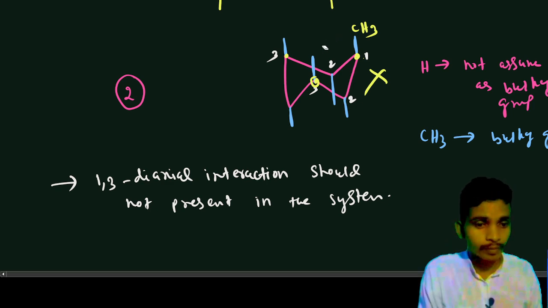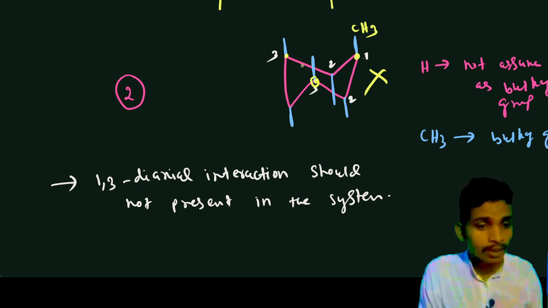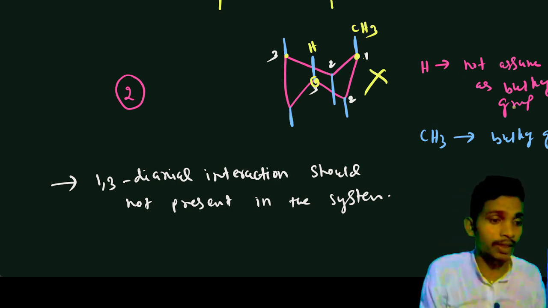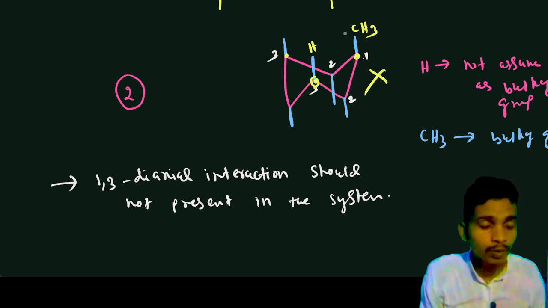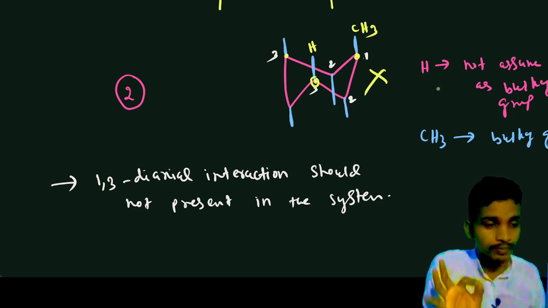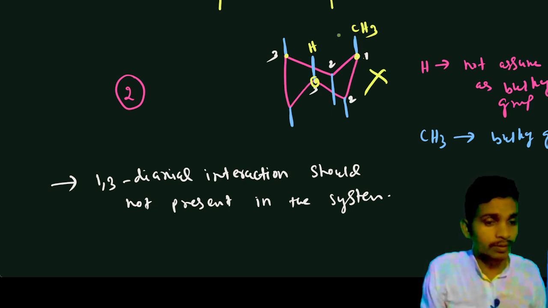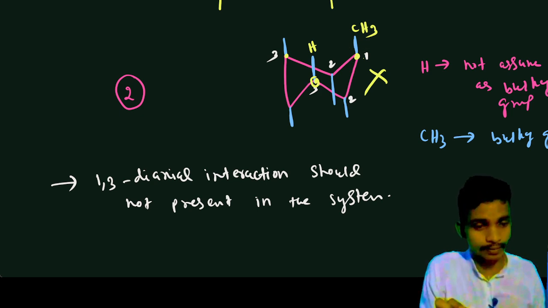If one is CH3 at this axial position and the other at the 3 position is hydrogen, then there will be no chance of 1,3 diaxial interaction, because H is not assumed as a bulky group. It means that bulky groups should not be present at the axial 1,3 positions.